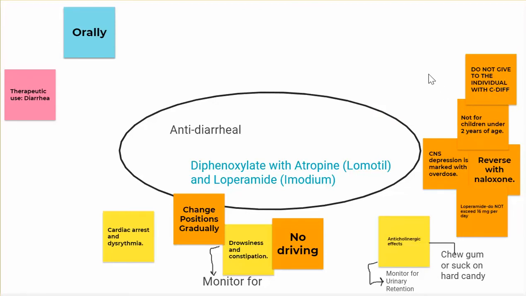So the individual with C. diff needs to be getting rid of that toxin. Do not stop them up or that toxin will build up in their body. I just want to give you a little warning.